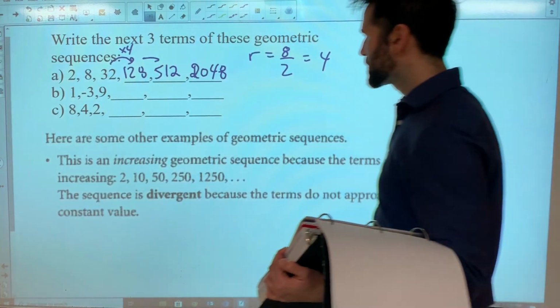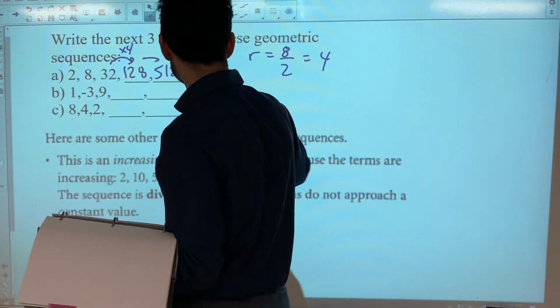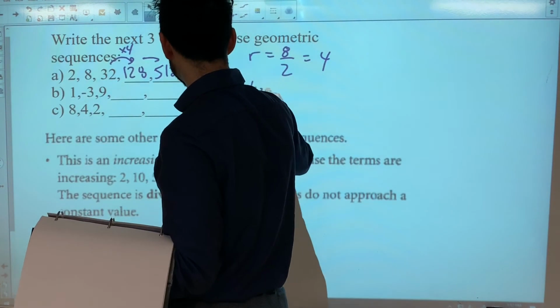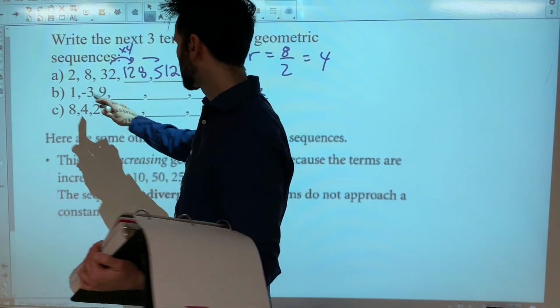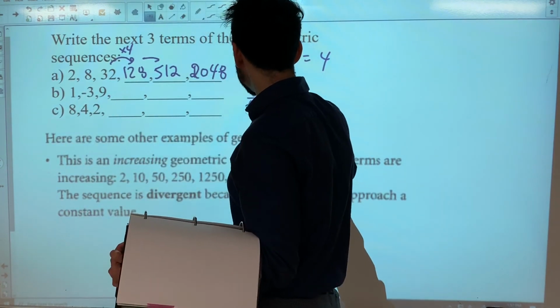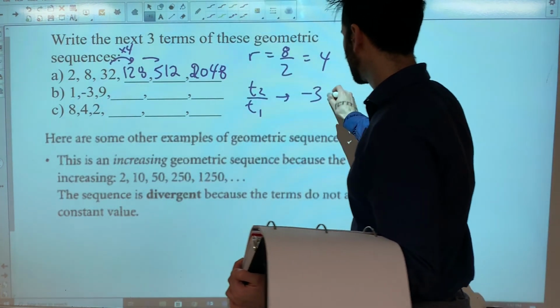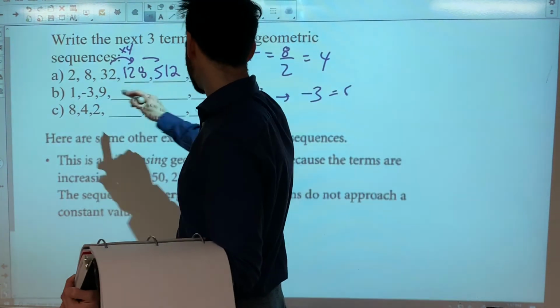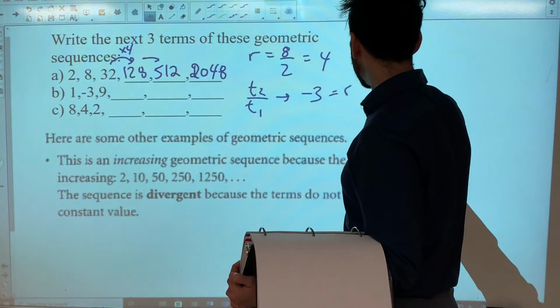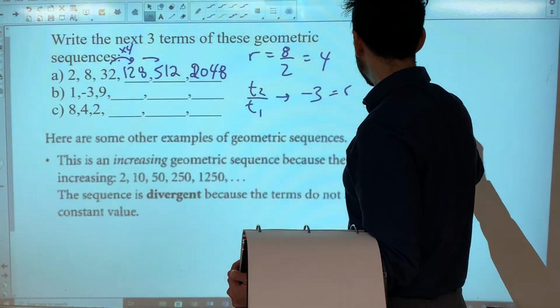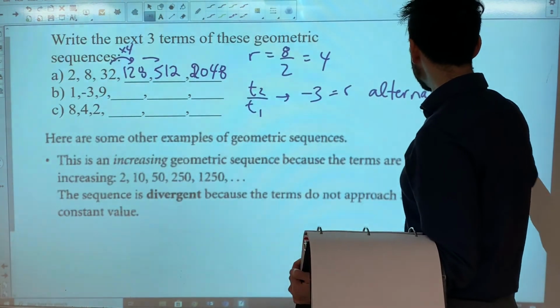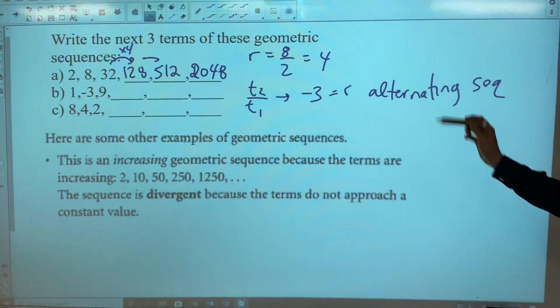This one here is interesting because there's a negative sign there. So when you go term 2 divided by term 1, you're going to go negative 3 divided by 1. So you're going to get that your common ratio is negative 3. So that's your r. So this is actually called an alternating sequence because you're going to notice that the negative sign is going to alternate.